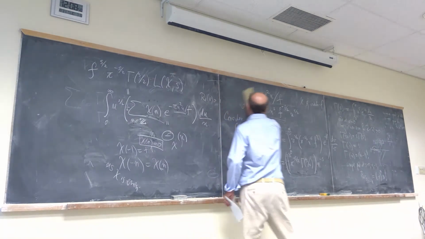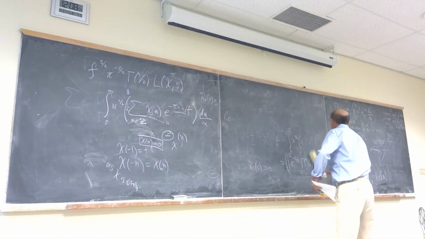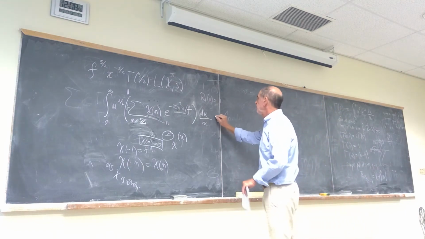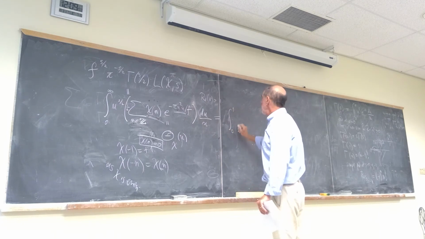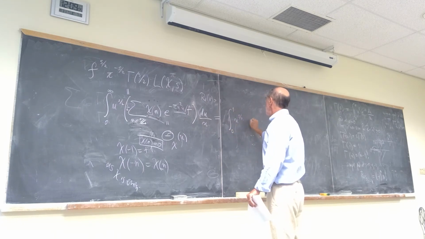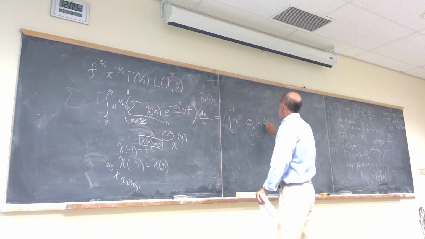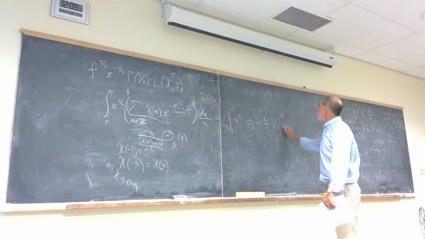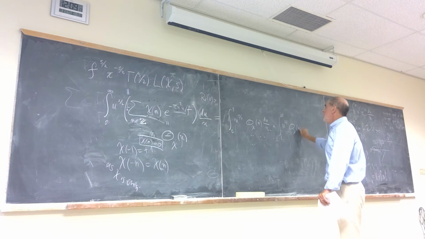So, Riemann writes the integral from 0 to infinity as the integral from 0 to 1 of u to the s over 2, theta chi of u du over u, plus the integral from 1 to infinity of u to the s over 2, theta chi of u du over u.